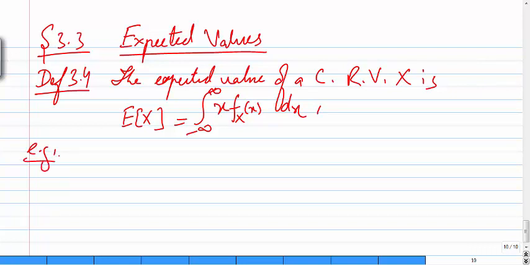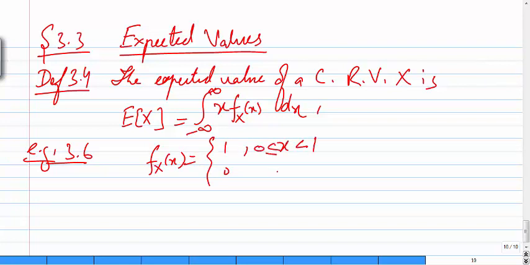Let's do an example here, example 3.6, and the example says the PDF is given to us as 1 for 0 less than x less than 1, and 0 otherwise. Now this is the question, and it is asking us to calculate the expected value.